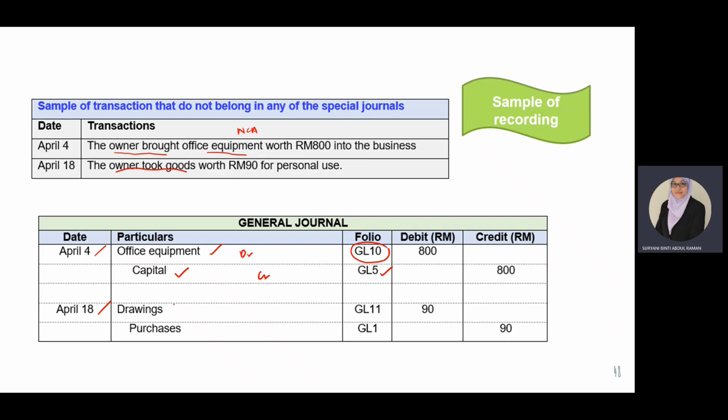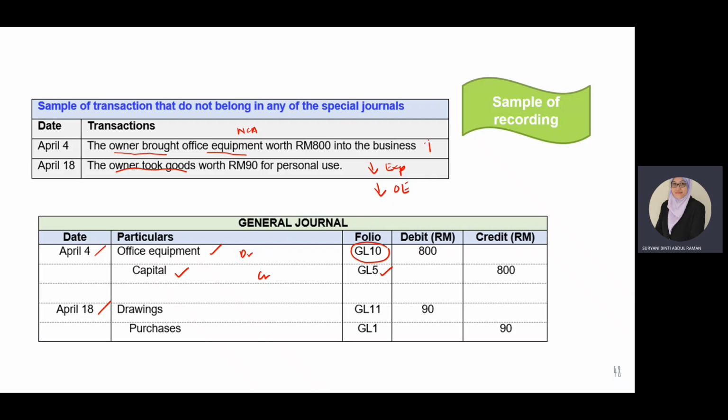So record the date when the owner took goods. There will be a decrease in your purchase expenses. So the decrease is recorded on the credit side of the purchase account, and there will be a decrease in the owner's equity. So debit drawing.